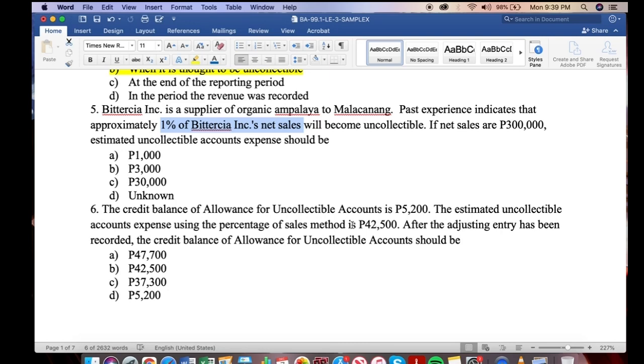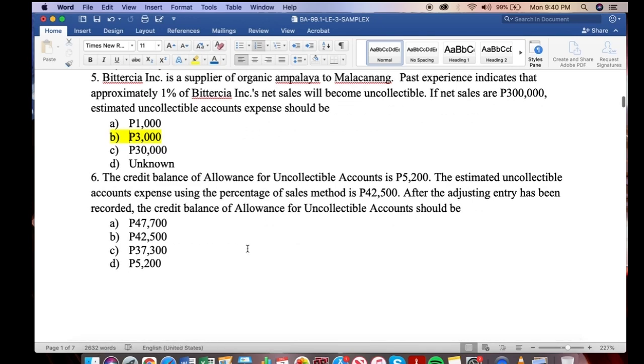When using percentage of sales, what you get is the required BDE, or bad debts expense. Net sales is 300,000, multiplied by 1%, which gives us 3,000. So the answer is letter B, 3,000 pesos, because the question asks for uncollectible accounts expense.